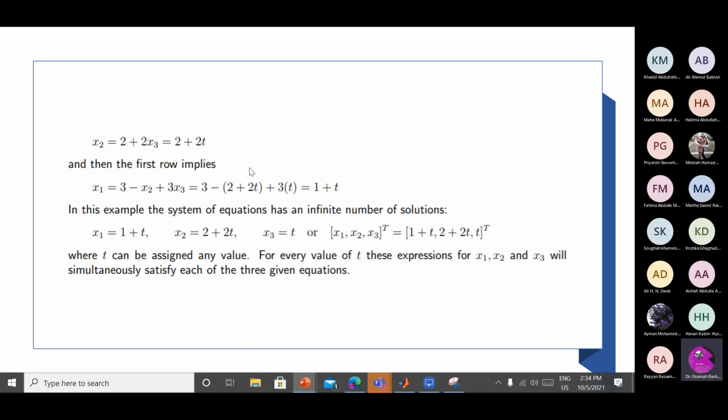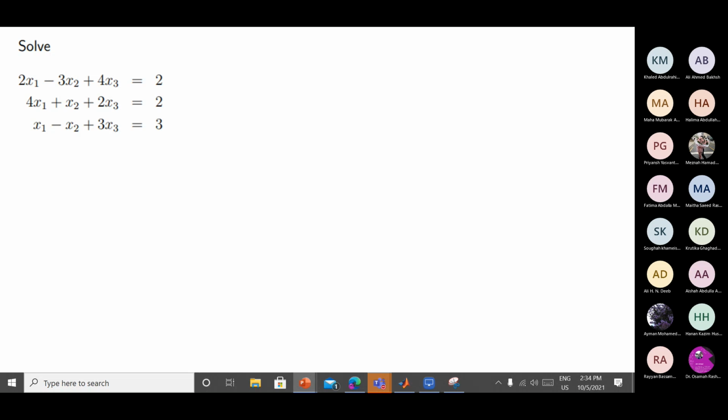So x2 is becoming in terms of t and x1 is becoming in terms of t because x3, I call it t. Now, can we solve this one?